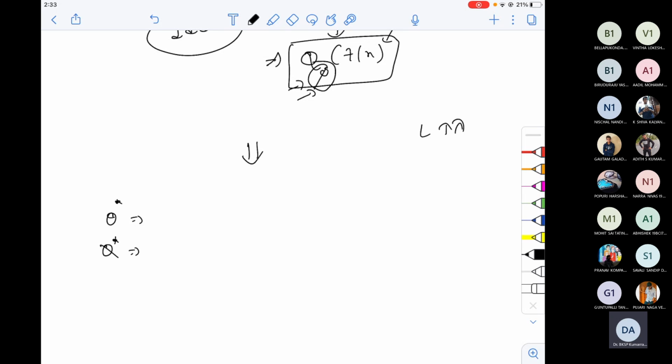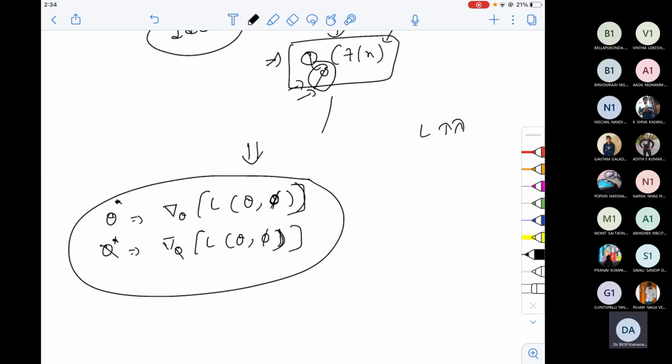I apply gradient descent with respect to theta on the loss function, and similarly with respect to phi on the loss function that we have just derived. You take the derivative with respect to each and ensure that both of them get the optimal weights.